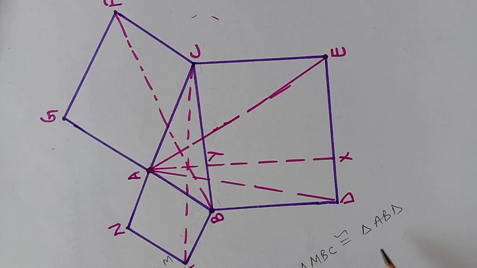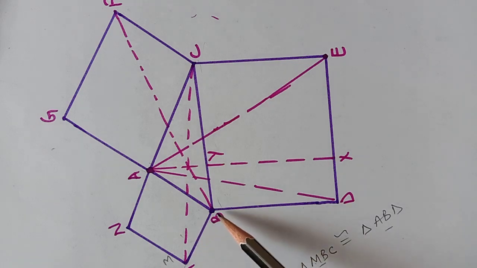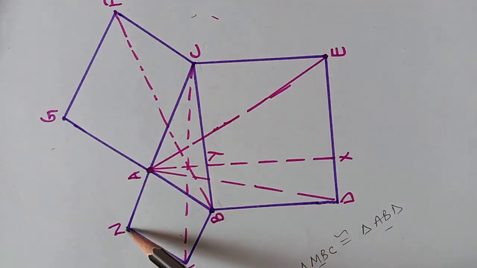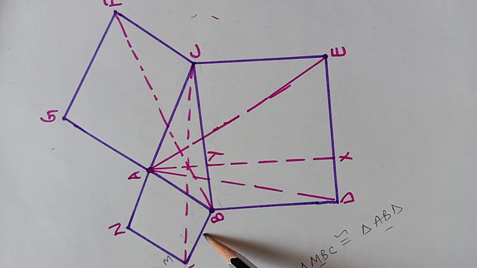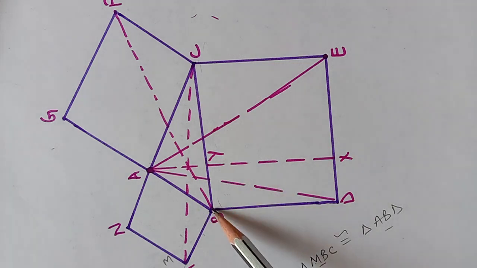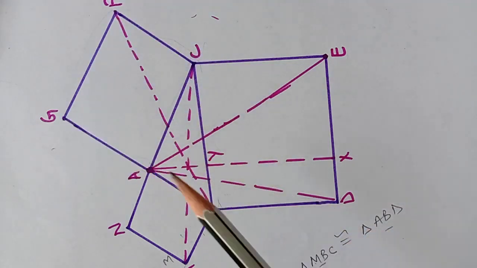So students, for congruency we need three elements between these two triangles. So let me check. ABMN is a square, we know it very well, and similarly the other is also a square, which is given.